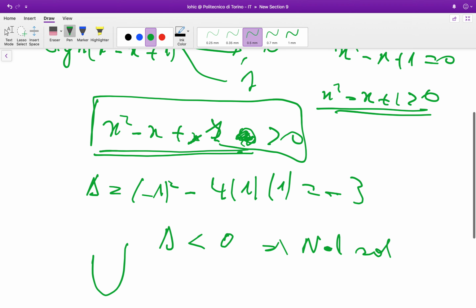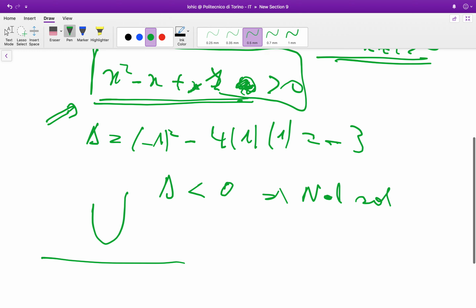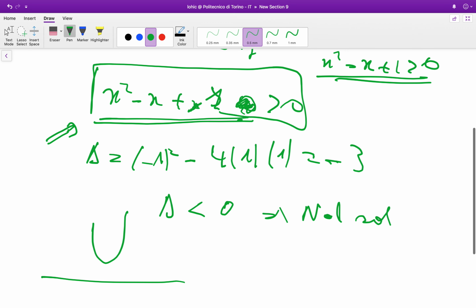To solve a quadratic inequality, I need to find the roots of this polynomial. To find the roots, I use the delta method. If you have any other method to use, no problem. The only thing is that at the end you should know what the roots of this polynomial are. But we use the discriminant to do that.